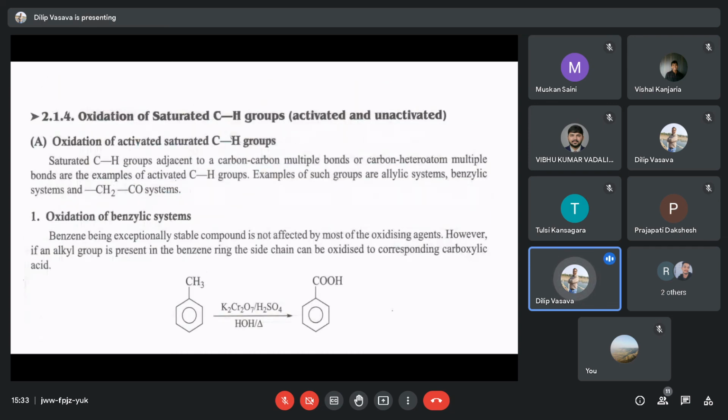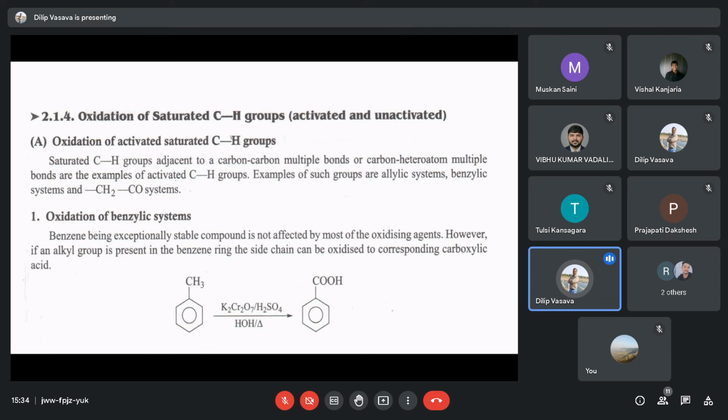Next is oxidation of activated saturated CH groups, because in this case both activated and non-activated are possible. How can it be activated? When any functional group is present with the ring, then activation is there. But when it is not there and only hydrocarbons are present, then it is considered unactivated.